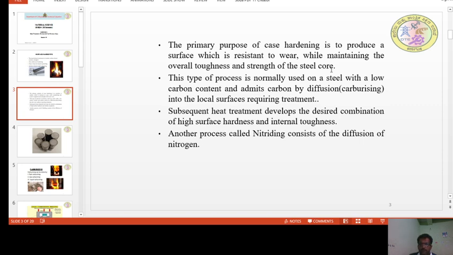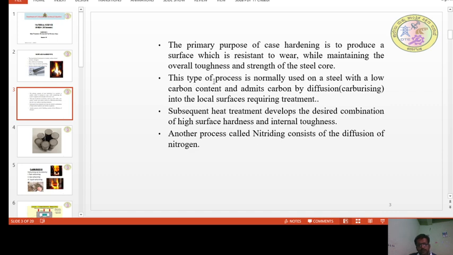Hence, the core of the material should be tough enough to absorb the shock loads. So at the surface we have one set of requirements, and inside we have another set of requirements. Under this condition, what people mostly recommend is to go for surface hardening. That is the requirement.